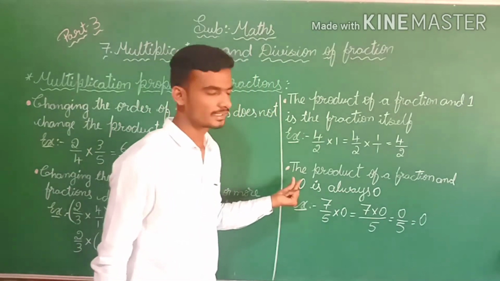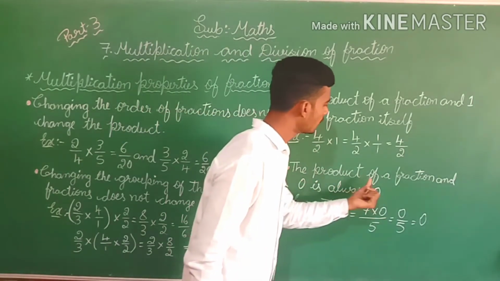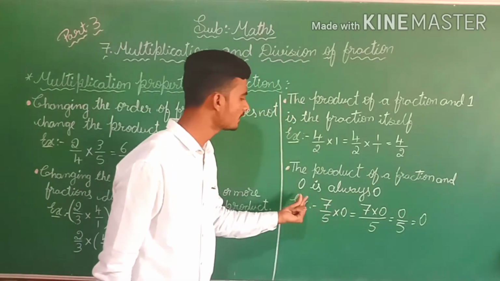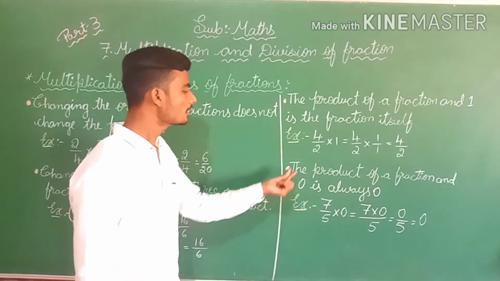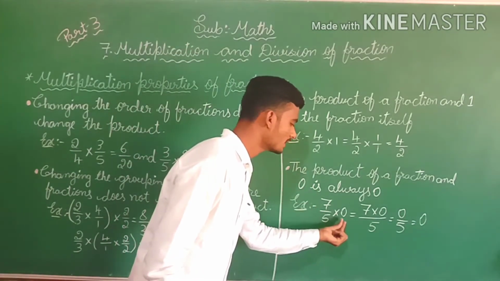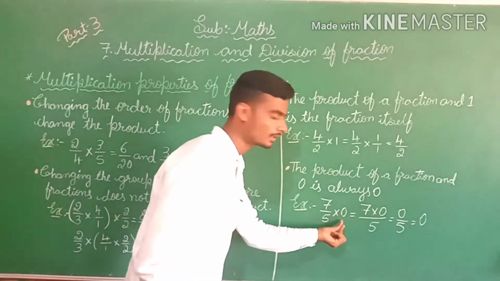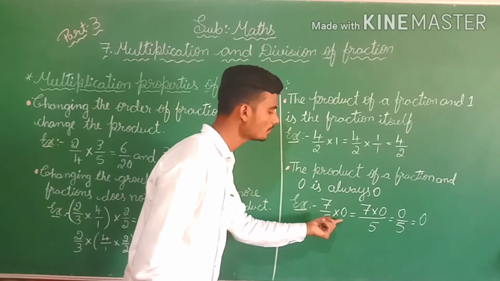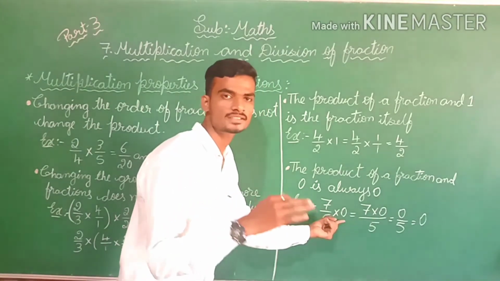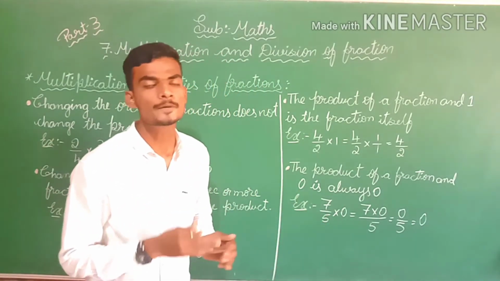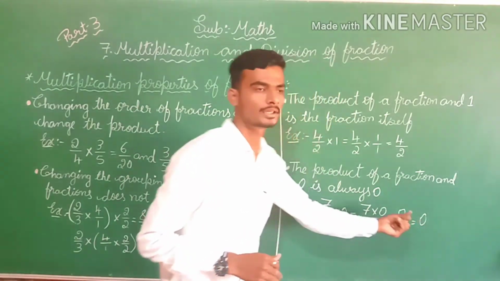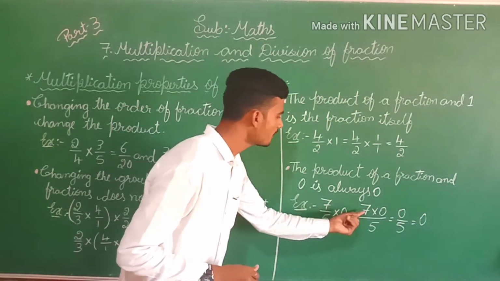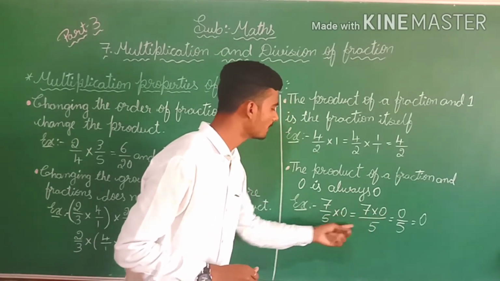The fourth property says that the product of a fraction and 0 is always 0. See here, in fractions, if a 0 arises, 7 by 5 into 0. If a fraction is multiplied with 0, you will get 0 as the product. See here, 7 into 0 divided by 5.